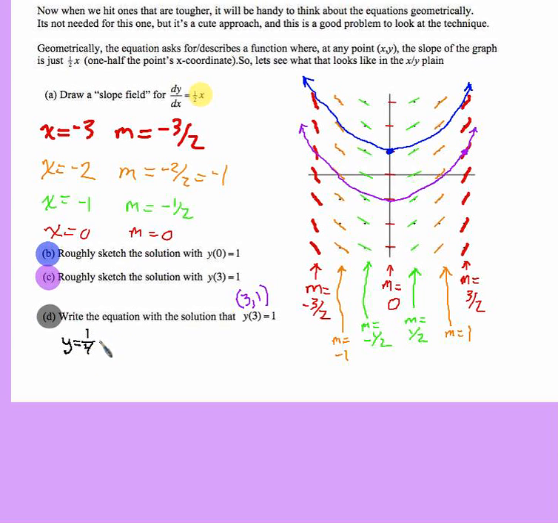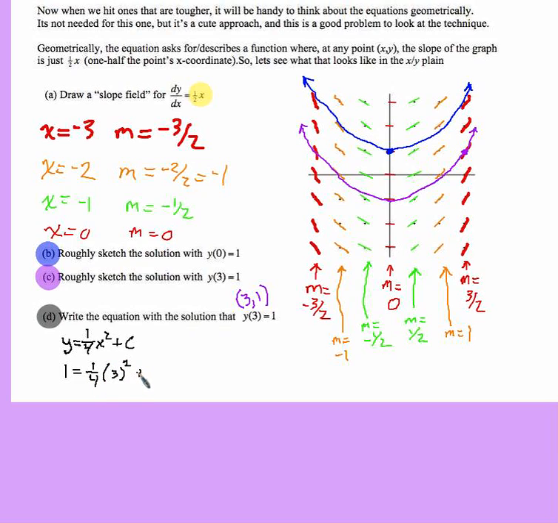It's 1/4 x squared plus c. I have a value for x and y, so I can plug those in. So I know that the y value is 1, and this is 1/4 times the x value. The x value is 3.